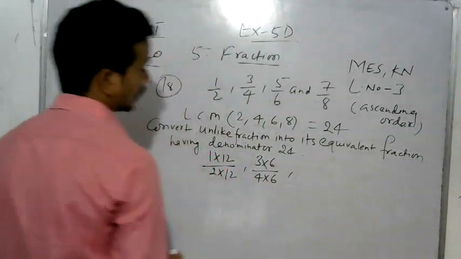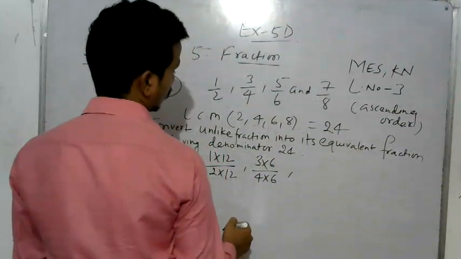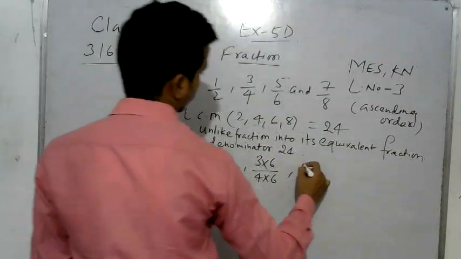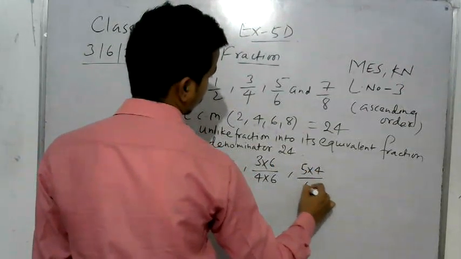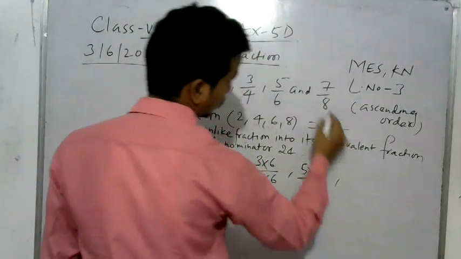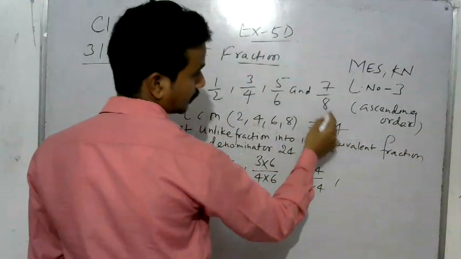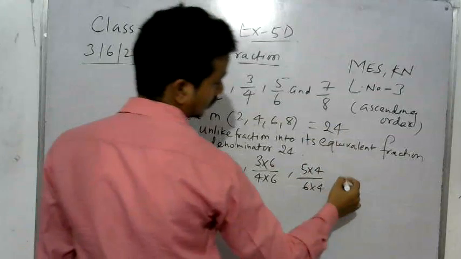Again we have to multiply here: 5 by 6, multiply by 4, so 5 into 4 divided by 6 into 4. And here, to make the denominator 24, we have to multiply 8 by 3.